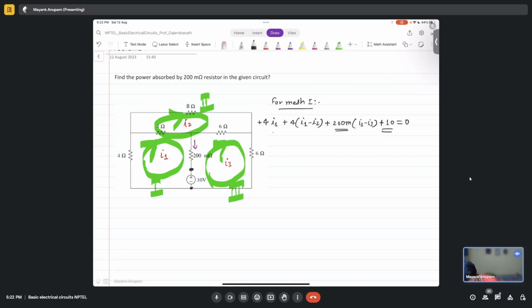But in this case we have considered the voltage drop across any element to be positive. So here it is correct actually. Yes, sir. Fine. So let's write the mesh equation for mesh number 2.